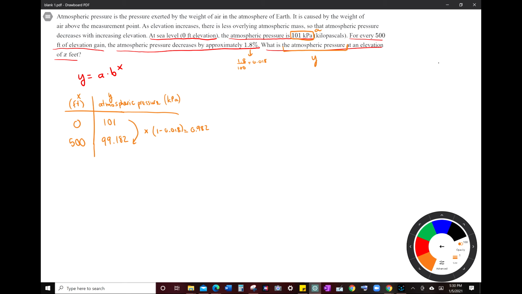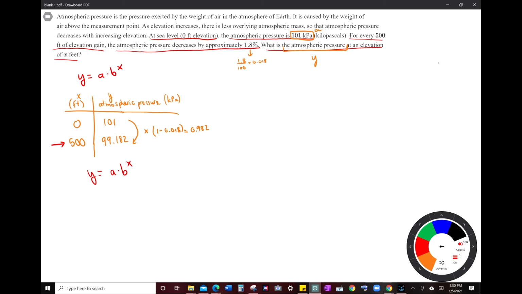So how do I do it? Now I will use the value that I just figured out, and I'll use the equation y equals a times b raised to the x power.